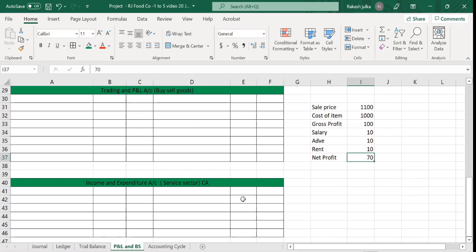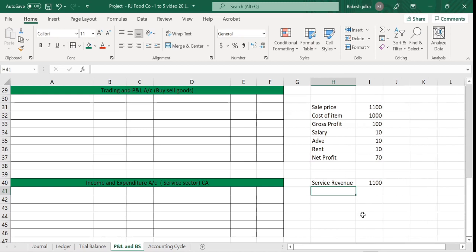Now, if we talk about the income and expenditure account, we simply write revenue, and because there are no goods, only services, that revenue is known as service revenue. For example, the service revenue that we have earned is 1100, and from the service revenue we are going to subtract some of the expenditure.